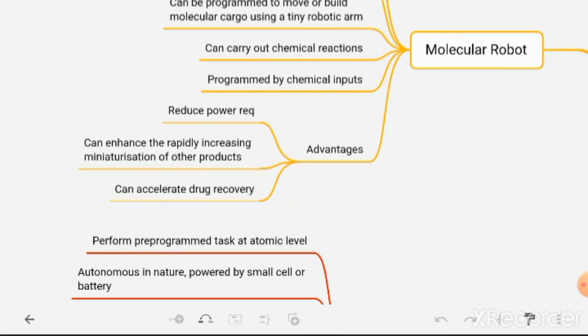If we know a certain place in the human body where we need to give something, we don't need to give a high dose, since it will reach there. We can use molecular robots to go to the specific area and deliver the drug or medicine. So it reduces power, can enhance the rapidly increasing miniaturization of other products, and can accelerate drug discovery.